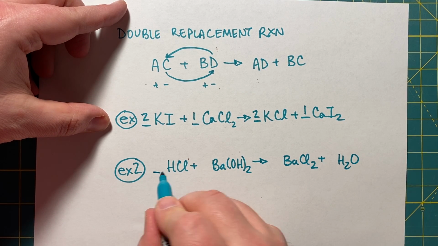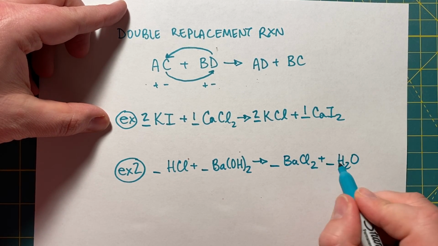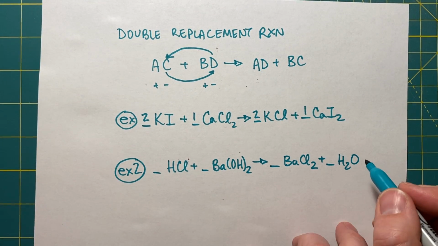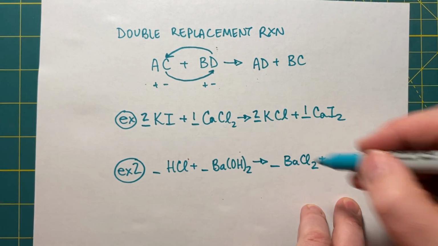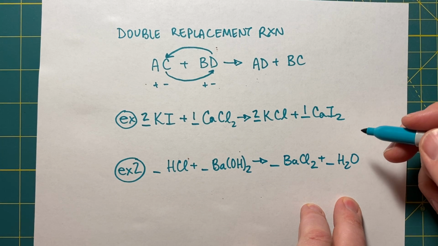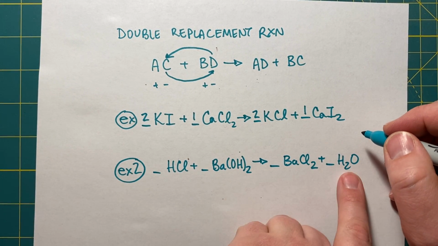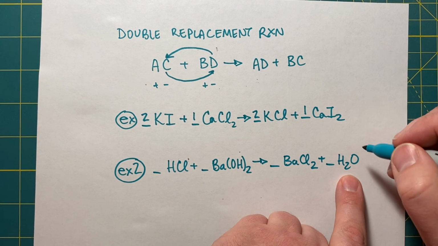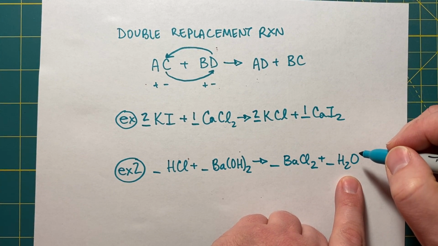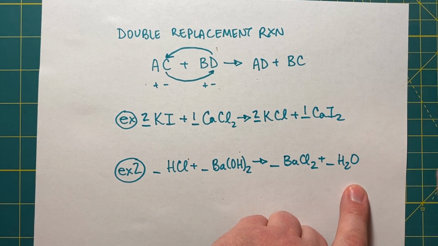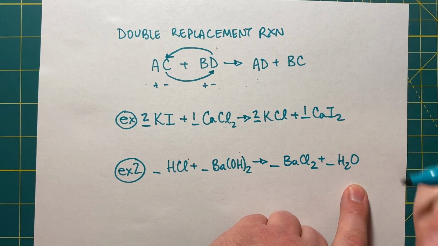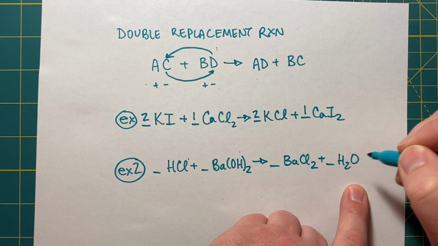It's tricky when you're balancing this to look at it like it's H2O, and trying to balance those H's can be really tricky. So what I do in these cases, where I have an H and an OH combining to form H2O, is this: I know that H2O is not an ionic compound, but I know it's easier for me to balance ions than it is to work with the individual elements.